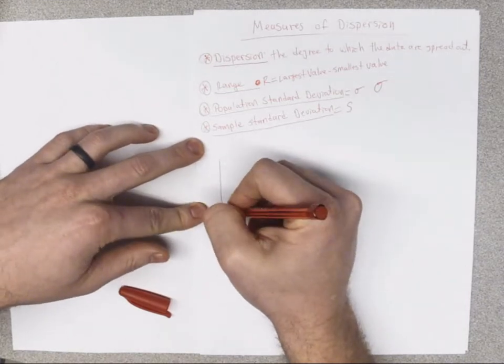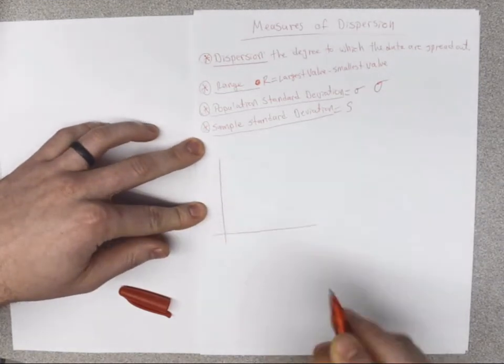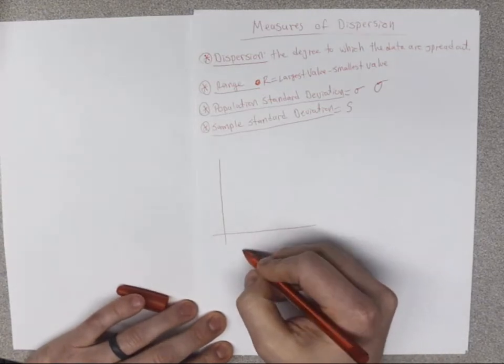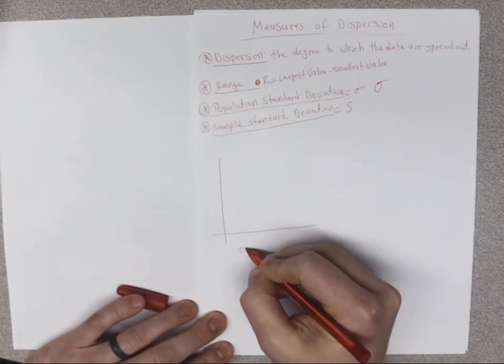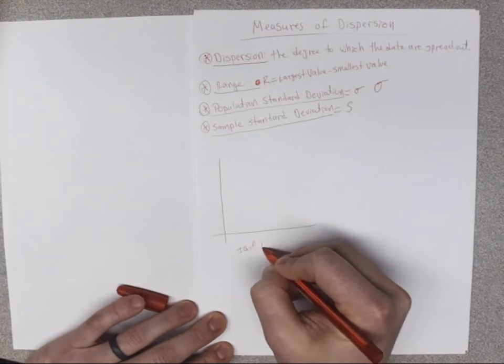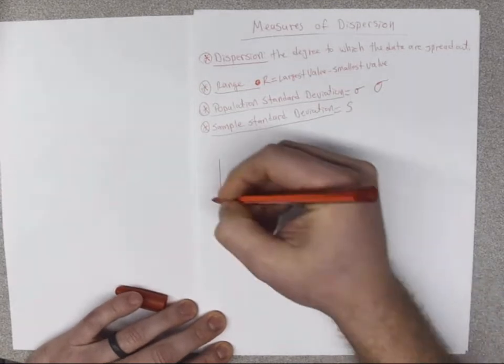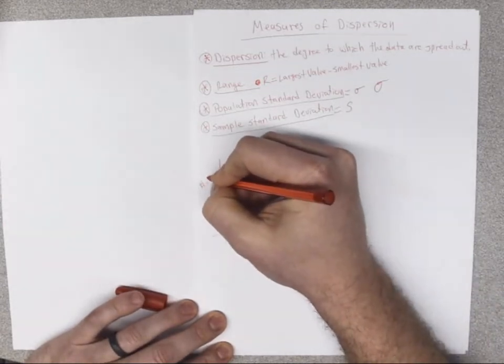Suppose we have two graphs. Here's the first one, and down here I'm going to say IQ scores, IQ of the class, and here is the number of students.